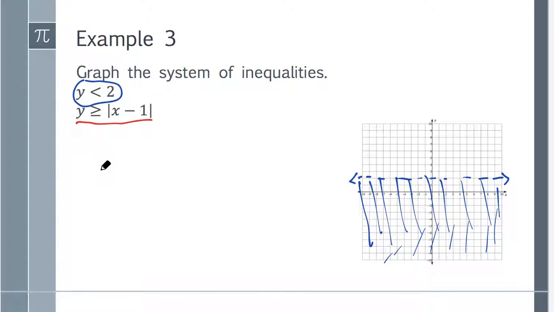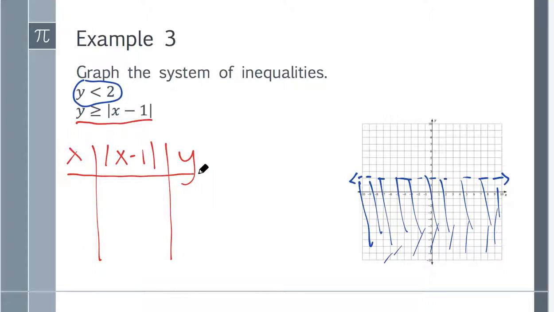Next, absolute value. For those of us still having trouble with this, we can always do an XY chart. In our XY chart, the vertex happens when the absolute value is 0, which happens when x is positive 1. We pick 2 points below and 2 points above. The absolute value of -1 minus 1 gives 2.